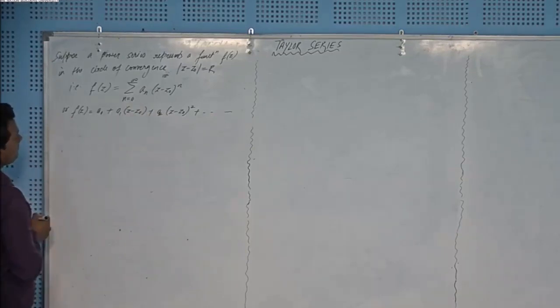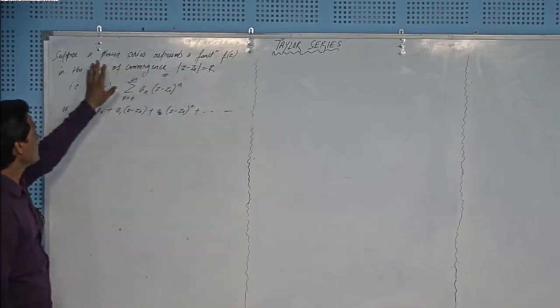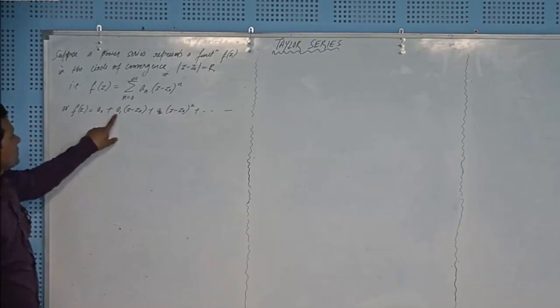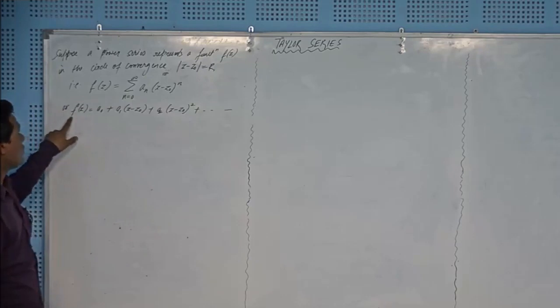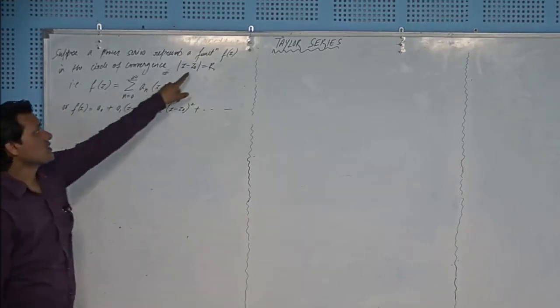And what do we need? We need to find a Taylor series corresponding to this function f(z), right? And the idea is to find these coefficients a0, a1, a2, a3, and so on in terms of this function, in terms of the value of the function at z0, right?